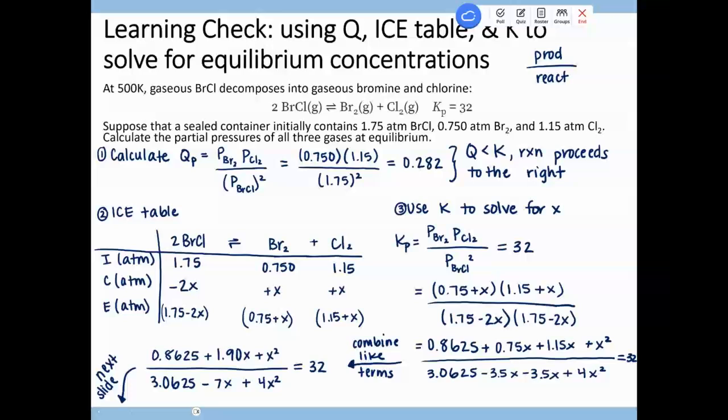Equilibrium would be 1.75 minus 2.08, and that would result in a negative pressure for the BrCl, which won't happen. So whichever one gives you a negative pressure for any component, that's not the x value that you use. You use the other one. So you could always plug in both options for x, and then use whichever one does not give you a negative value.